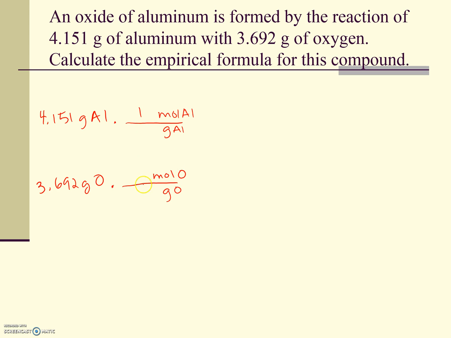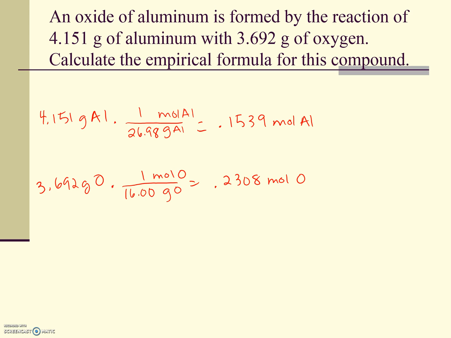I always put 1 in front of moles, and then I'm going to put my gram formula weight in, 26.98, and this one is 16.00. And then I go ahead and solve. And in this case, I get 0.1539 moles of aluminum. And here I get 0.2308 moles of oxygen.